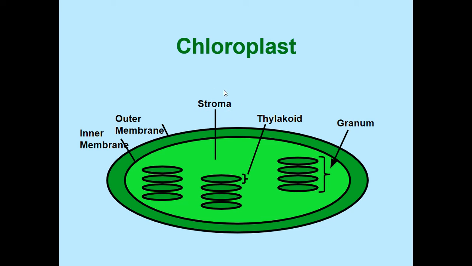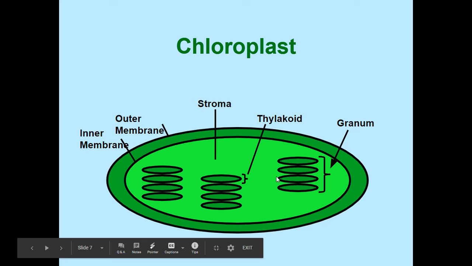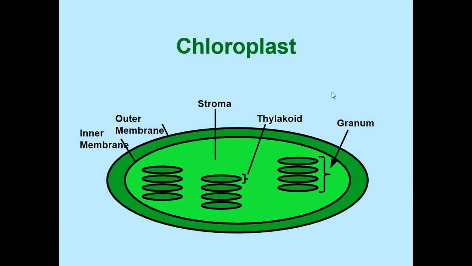Please don't get this confused with the stoma. Remember, the stoma is the mouth. The stroma is the inside of the chloroplast. Okay, then we have these discs called thylakoids. And those discs are actually piled on top of each other in what's called a granum. Okay.